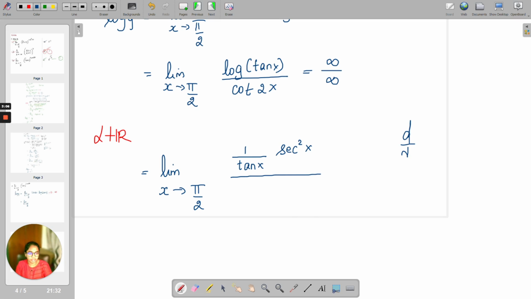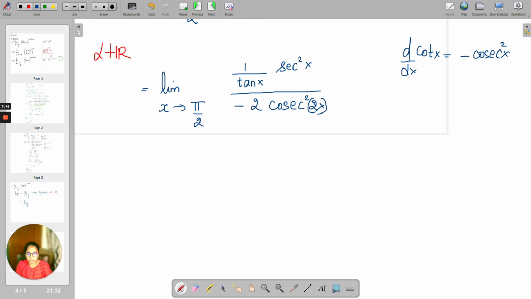We know that the differentiation of cot x is minus cosecant square x, so here it is minus cosecant square 2x, since we have 2x over here. Now what is the differentiation of 2x? It is 2.